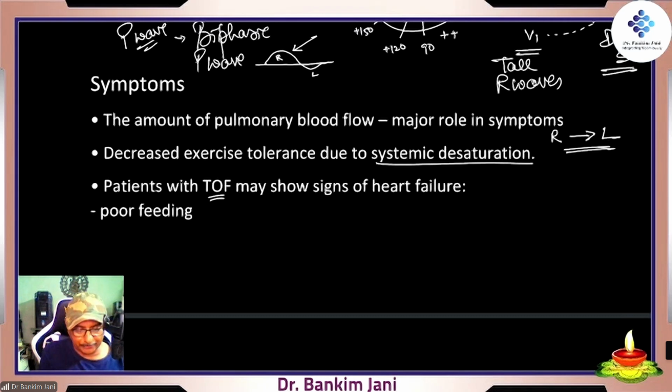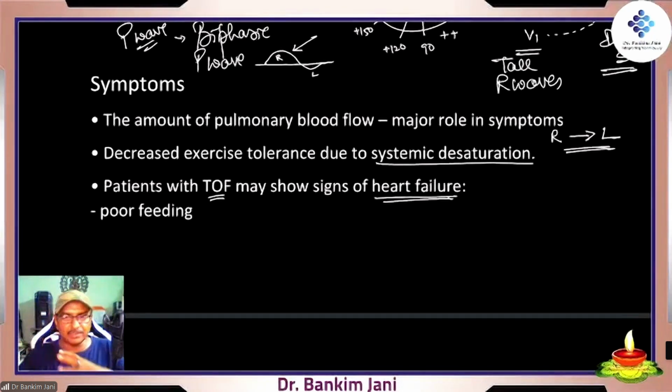A patient with TOF, tetralogy of Fallot, may show signs of heart failure, right? May show. This doesn't occur immediately, but gradually. The reason? Fluid overload. See, because of the ventricular septal defect, the blood would be pushed into the right side. The right side is becoming bigger and bigger, and then that blood is getting pushed into the aorta.